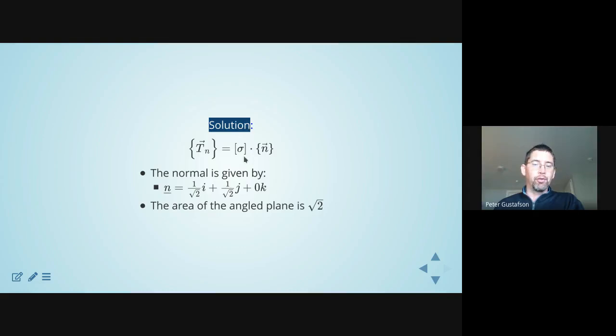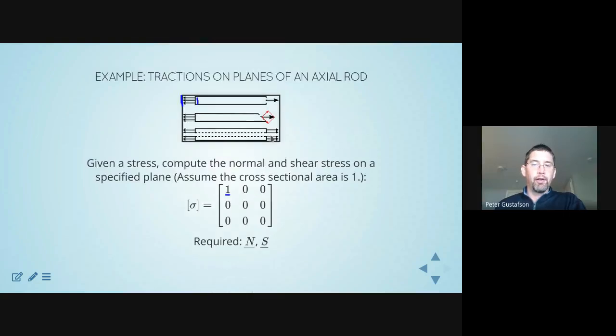So here's my solution. To compute the traction vector itself, I need to know what the stress tensor is, and I need to dot it with a normal vector associated with some surface. Now, the easiest one, I don't even have it in slide form.